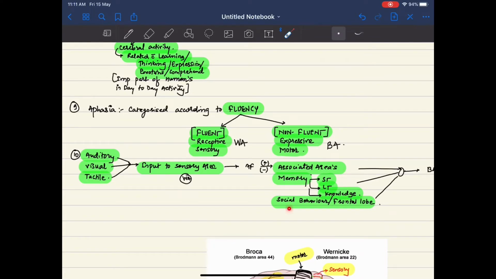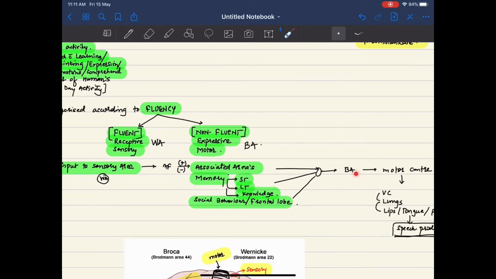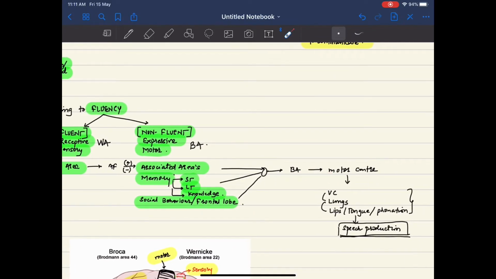Then this information will go through arcuate fibers to your Broca's area. And this Broca's area is what? A motor center. This motor center will then stimulate your vocal cords, your lungs, which will help you exhale properly while you speak. Then your lips, tongue, and your phonation process will start, right? So this information is given by Broca's area.